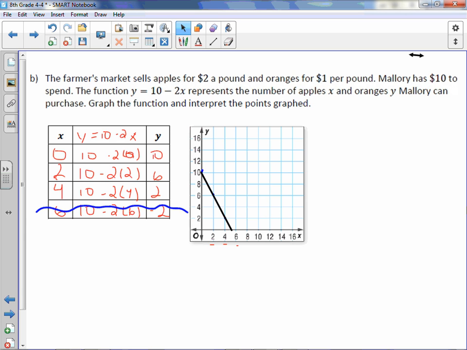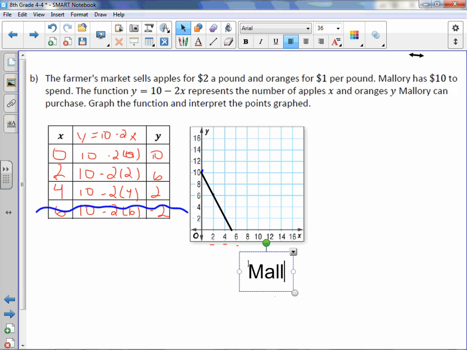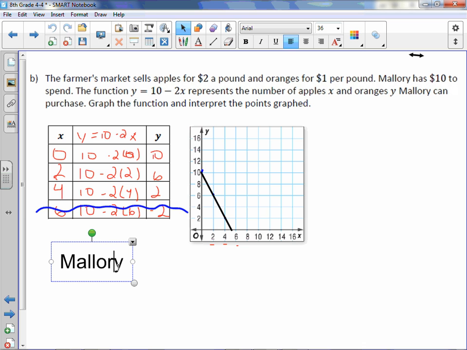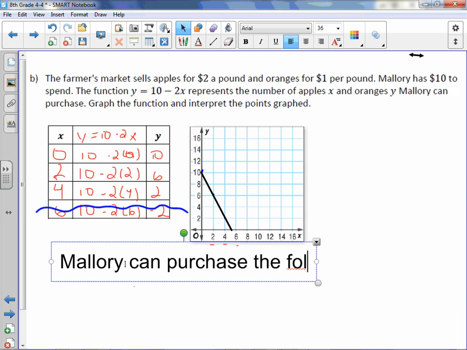Okay. So now let's interpret the points graphed. Mallory can purchase the following.